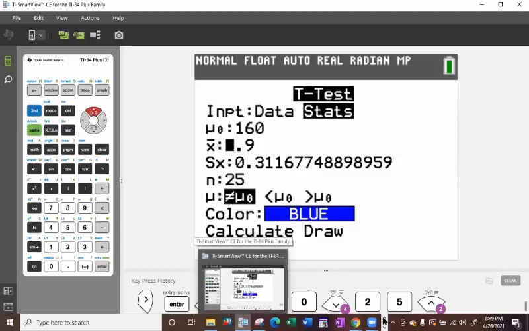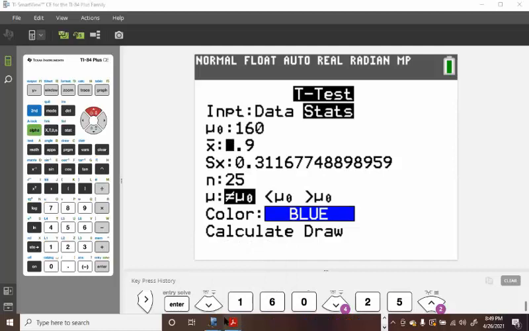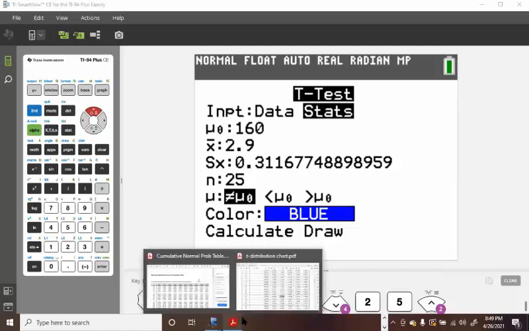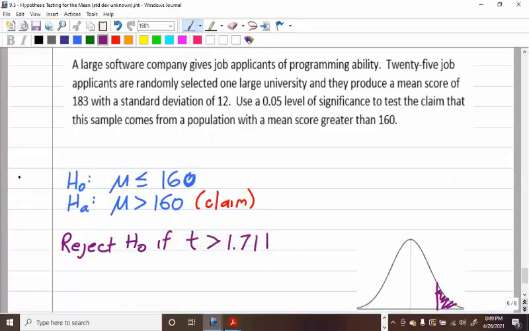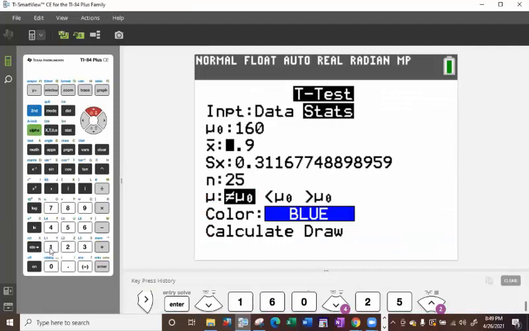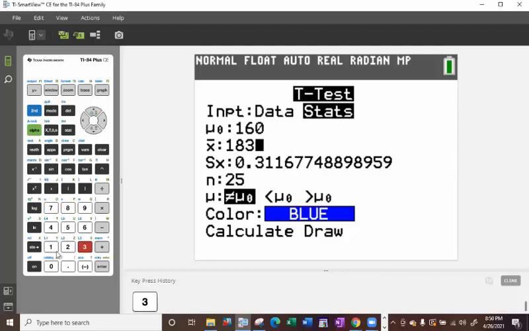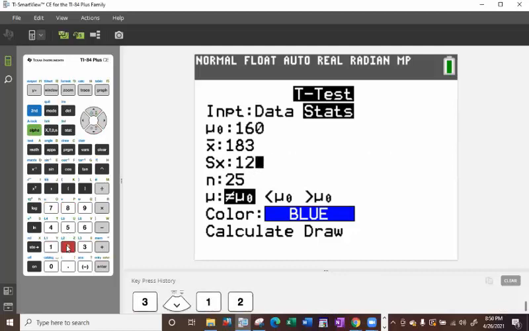Let's see what that was. The sample mean is 183, standard deviation of 12. And it's right-tailed.